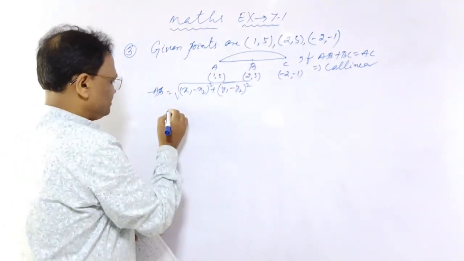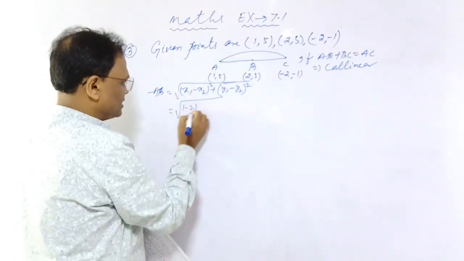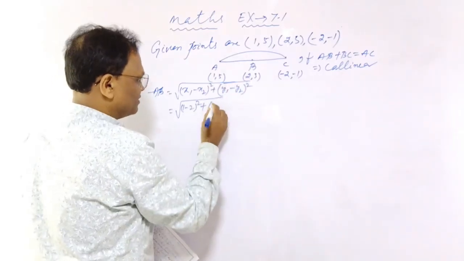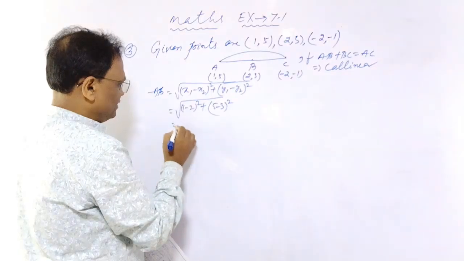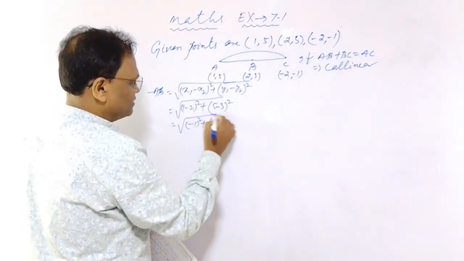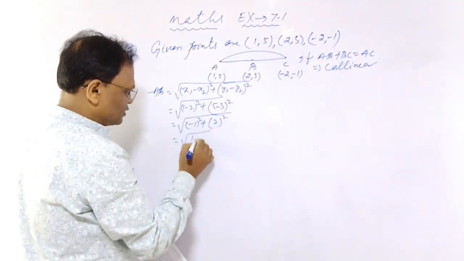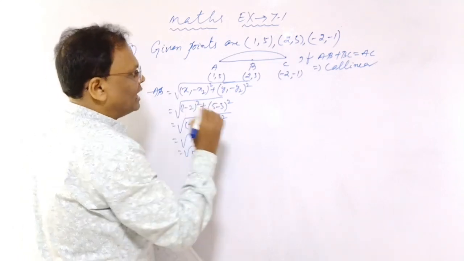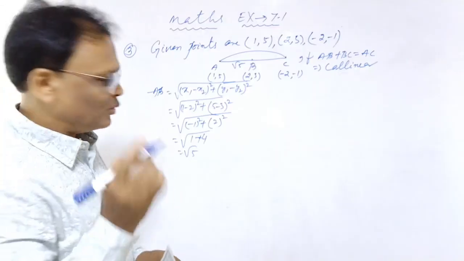So x1 minus x2 whole square plus y1 minus y2 whole square: 1 minus 2 gives minus 1 whole square, plus 5 minus 3, 2, whole square. 1 square is 1, 2 square is 4, and the answer is root 5. So the value of AB is root 5, the distance between A and B.